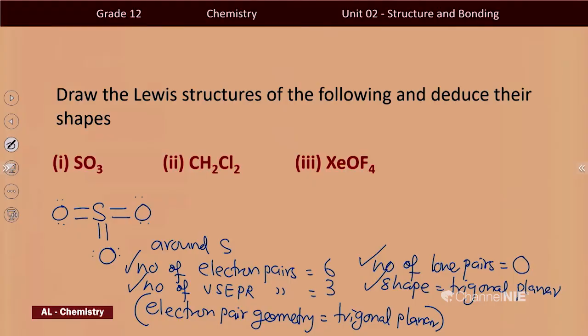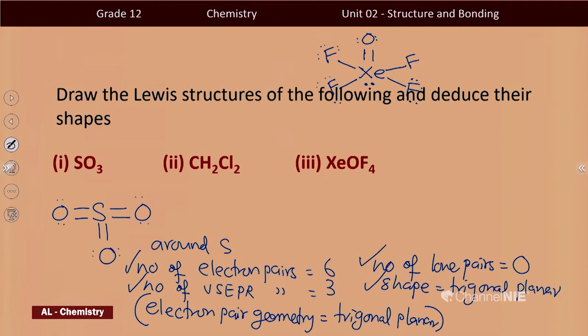According to the method, if you draw the Lewis structure, you will get xenon as the central atom, four fluorines, and oxygen, and there is a lone pair on xenon.